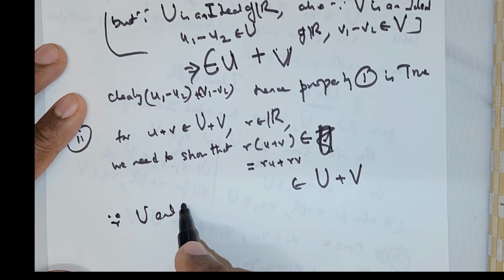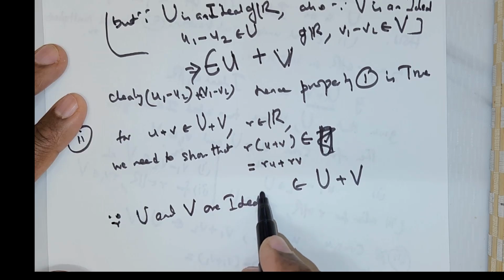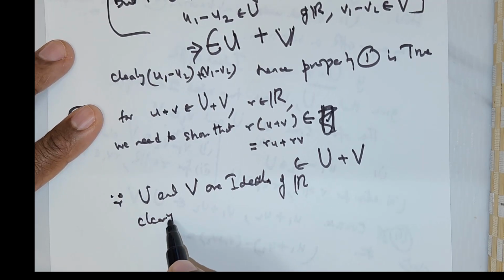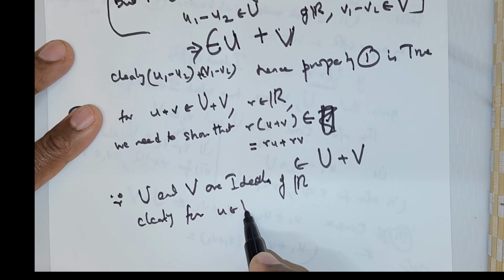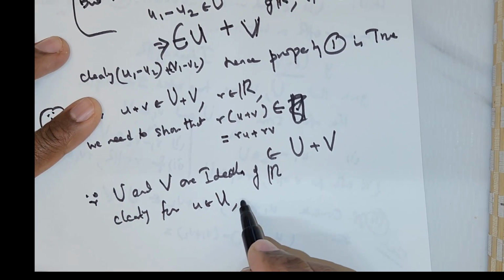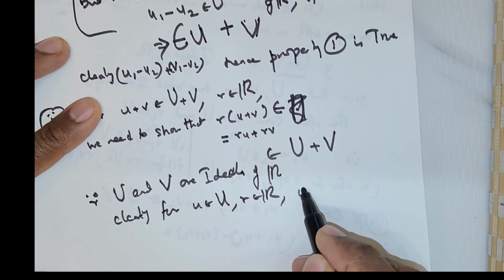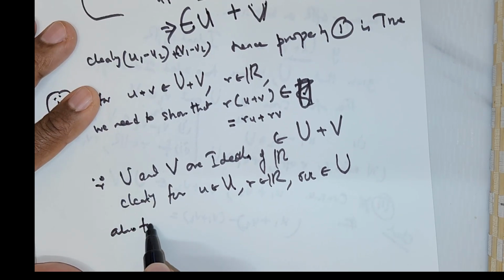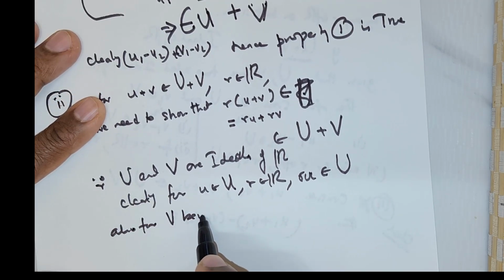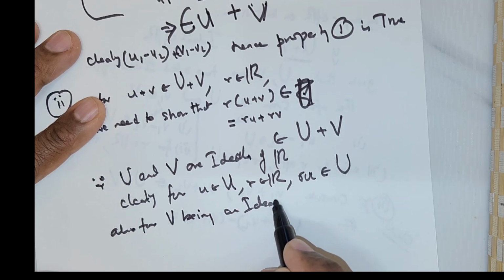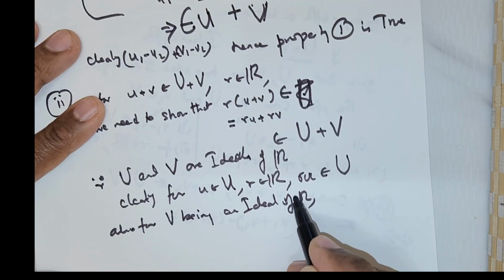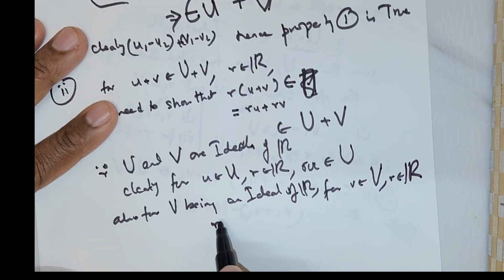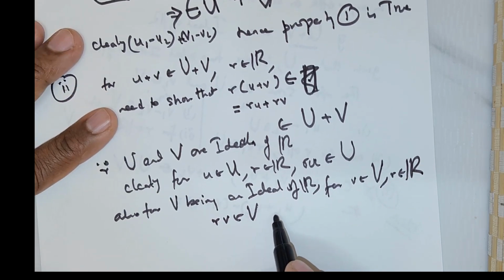Since U and V are ideals of R, clearly for u element of U and r element of R, r times u is going to be an element of U. Also, for V being an ideal of R, for v element of V and r element of R, r times v is going to be an element of V.